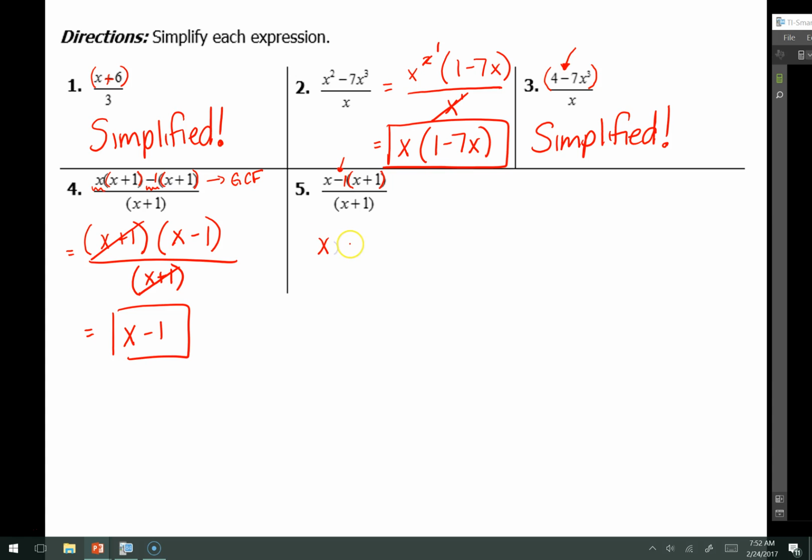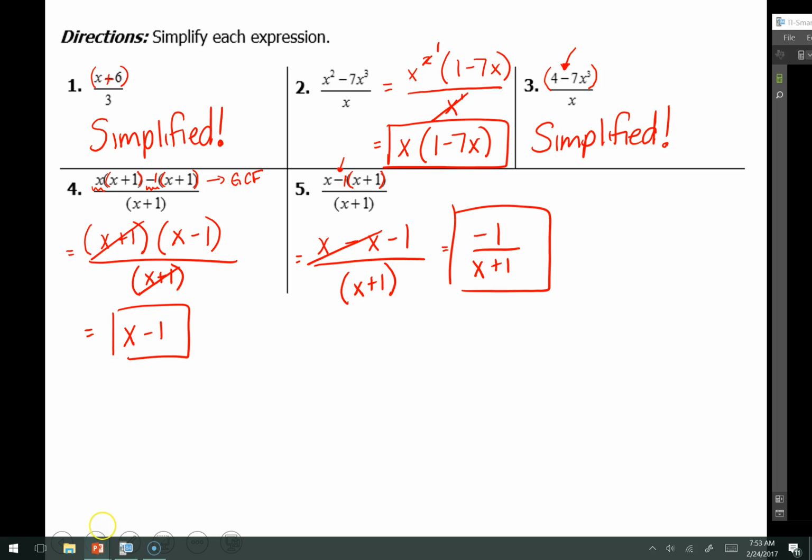So we have x minus 1x, negative 1 times 1 is negative 1, and that's all over that factor of x plus 1. And then from there, we have x minus x. Well, those cancel one another out when they subtract, so that leaves us with negative 1 divided by x plus 1, and that doesn't simplify any further.